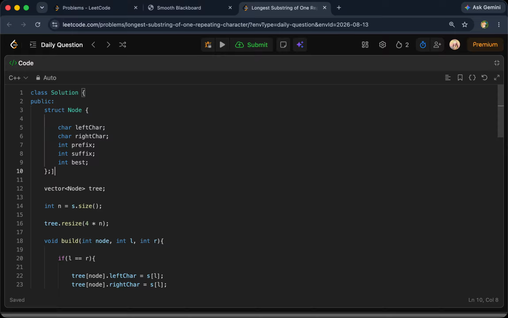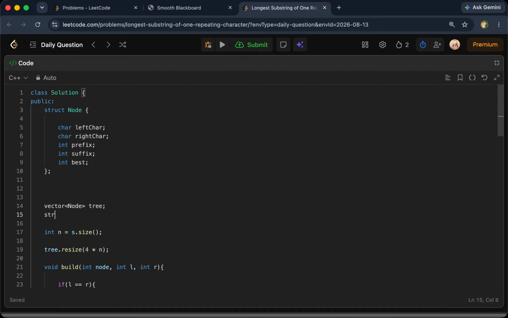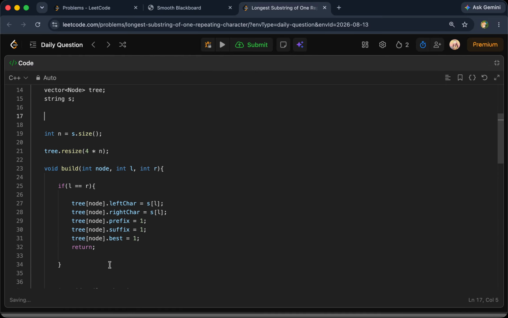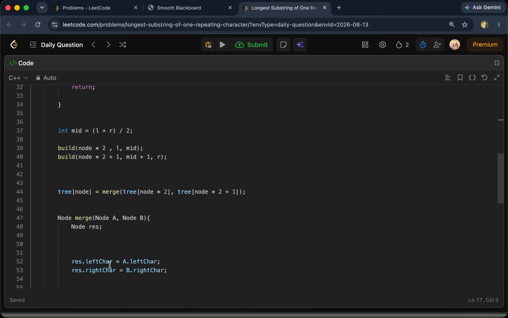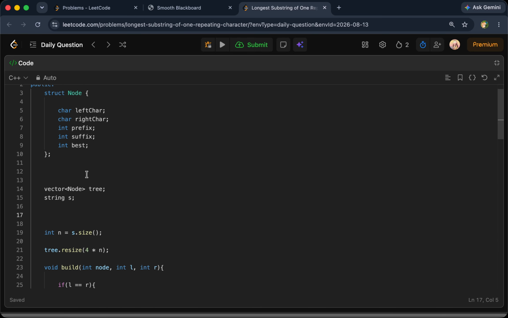Structure node, then I have to write string s, new node. Where is the merge node? I have not written a merge function.